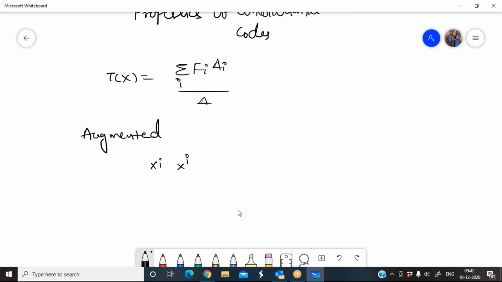X power I. What is the meaning of x power I? I is the weight of the output bits on that branch. So I is nothing but weight here. For example, when you go for the state diagram, 0 0 is one state, 0 1 is one state, and 1 0 is another state.